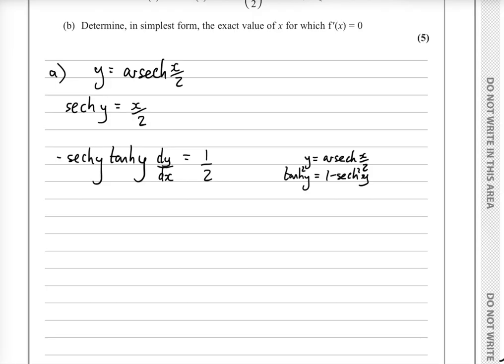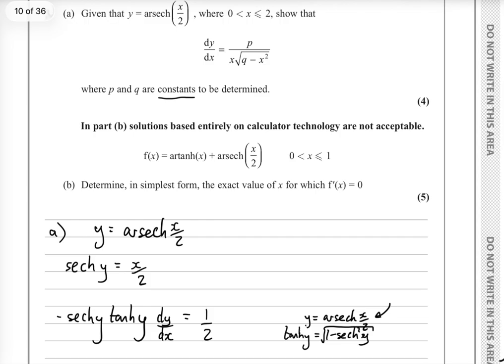Same idea, if we can get a sech y, then we can use y is equal to this, and the sech and the r sech will cancel, but we don't have tanh squared, we've got tanh, so we need to square root that, which is okay because there's a square root in our answer.